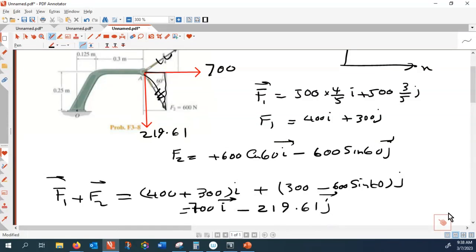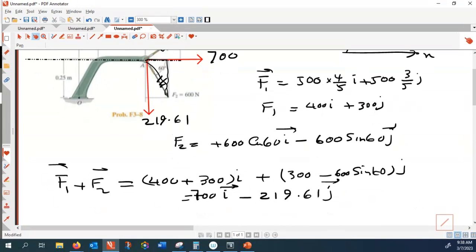Everyone happy? Okay. Now that is a piece of cake, because the rotation due to the 700 with respect to O, how do you find it? So you extend the 700. This is the extension. The shortest distance between the point of rotation and that line of action, what is it? 0.25. And is this rotating clockwise or counterclockwise? Clockwise.